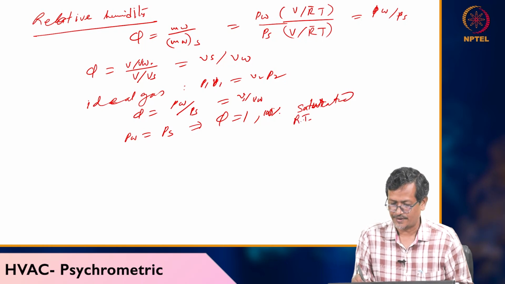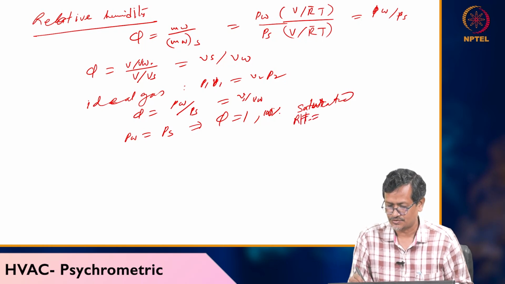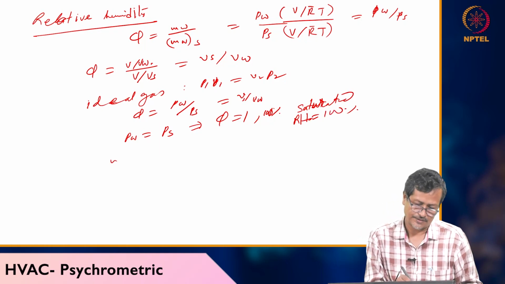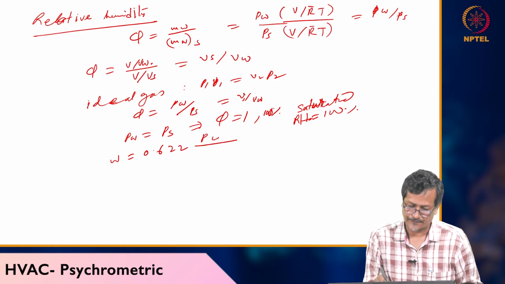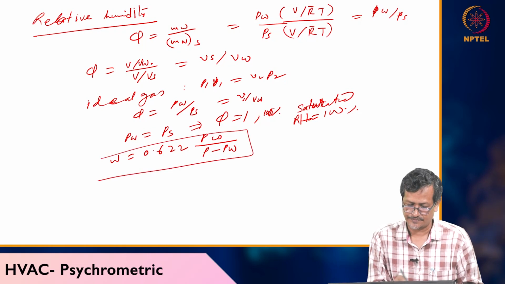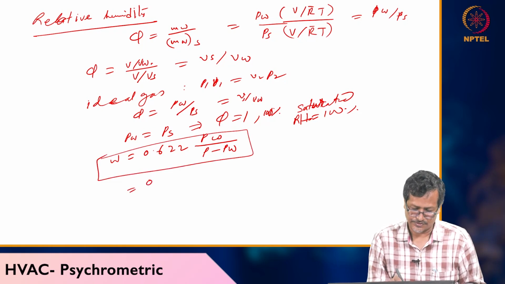Or relative humidity RH 100%. W equals 0.622 PW by (P minus PW). You should remember this formula. So equals 0.622 PW by PA.